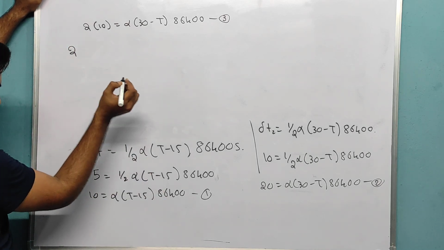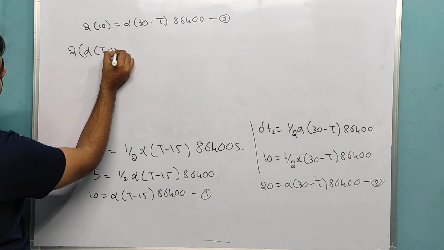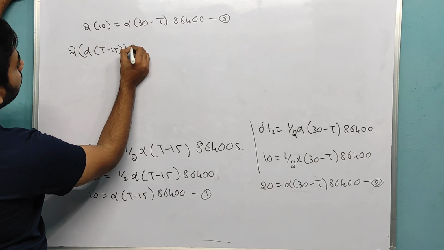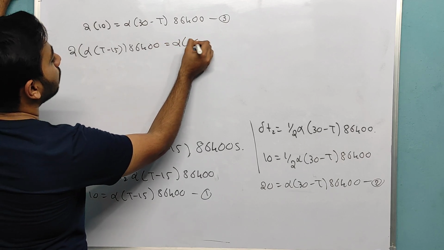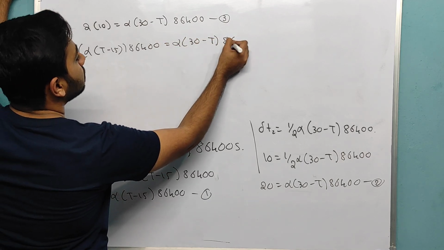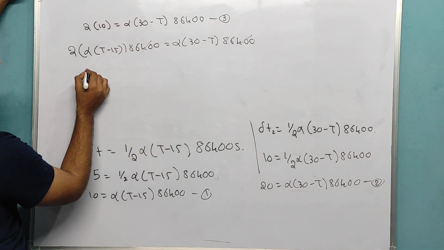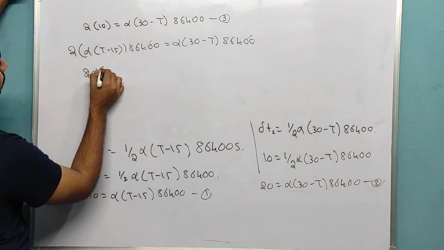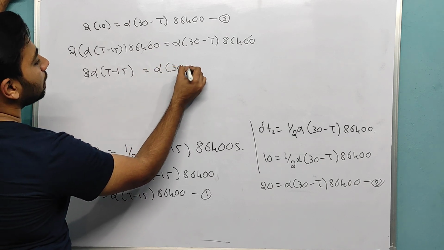So, 2 α (t minus 15) 86400 is equal to α (30 minus t) 86400. See, 86400 I can cancel. Then I will remain with 2α(t minus 15) is equal to α(30 minus t).